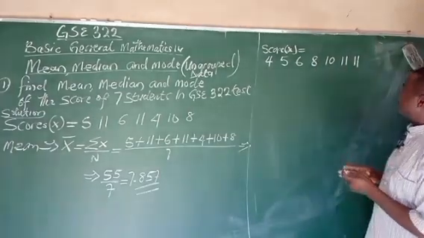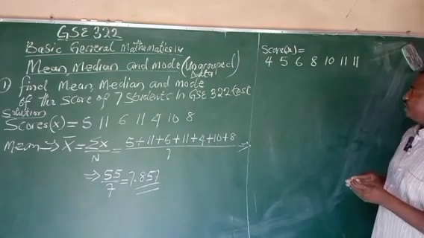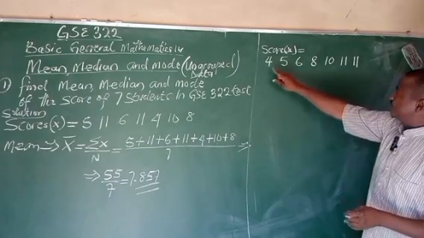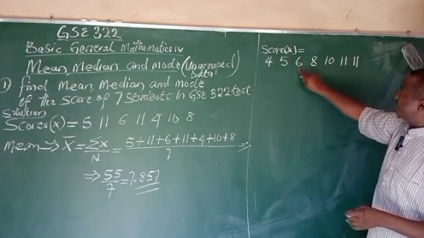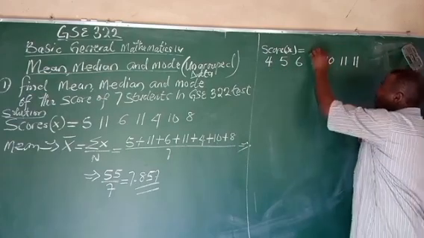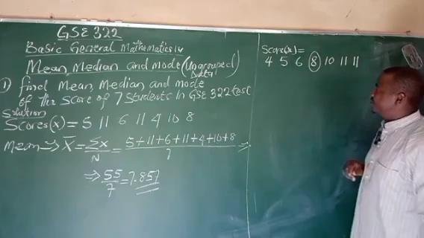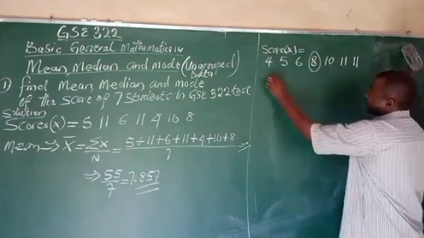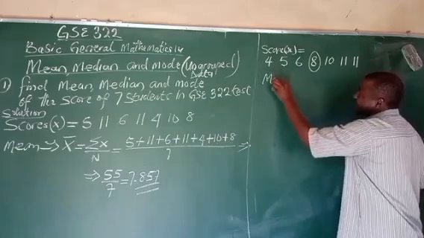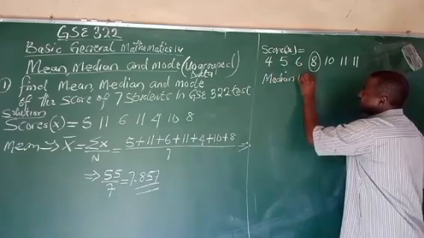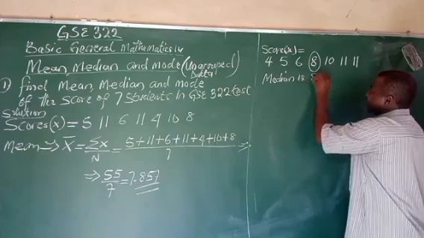So now, how do we find the median of this? It's simply by counting 1, 2, 3 from each side. So the value that remains at the center is 8. Therefore, in this case, our median is 8.